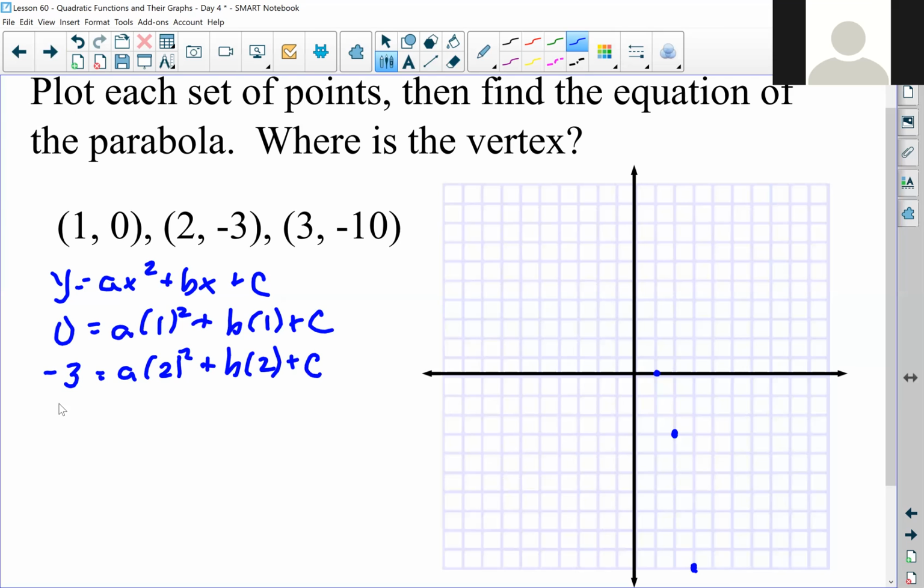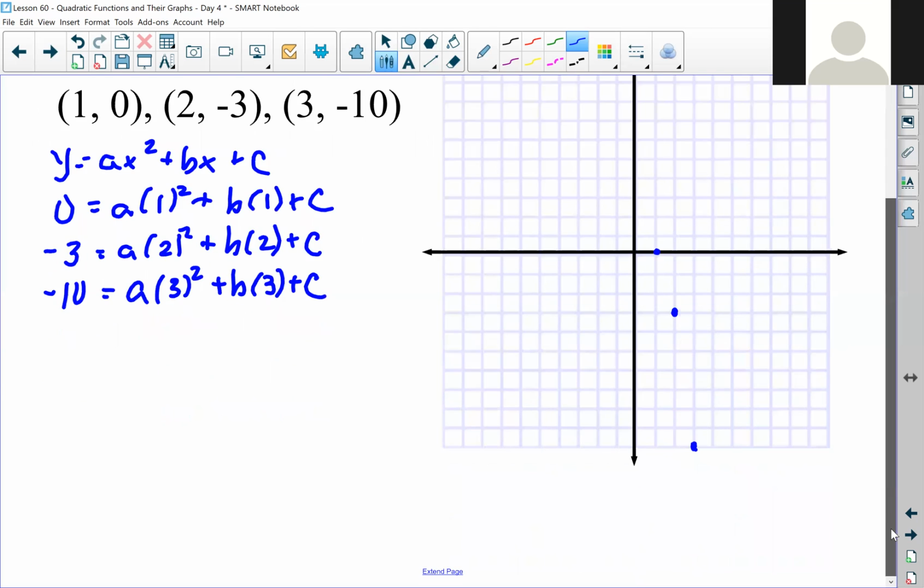And the third equation, negative 10, have to put the y value there, is equal to a times 3 squared plus b times 3 plus c. What I would suggest is simplifying those 3 equations by multiplying things out.